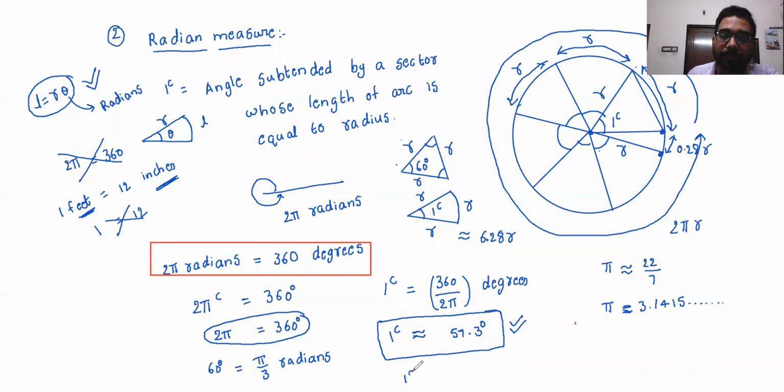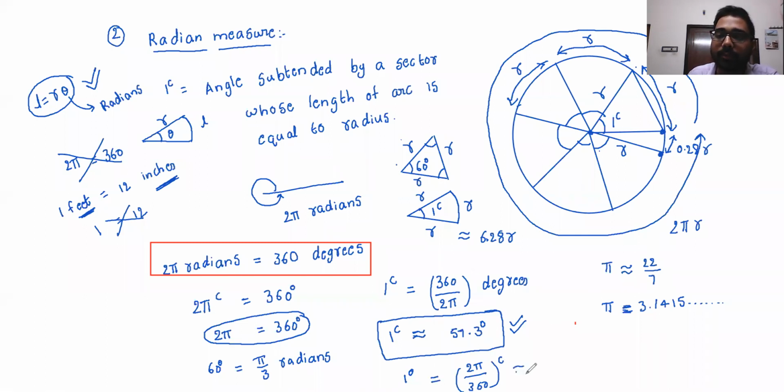Similarly, we can convert in reverse also. 1 degree is approximately equal to 2 pi by 360 radians. This should be strictly equal, right? 1 degree is equal to 2 pi by 360 radians, and 2 pi is approximately 6.28.